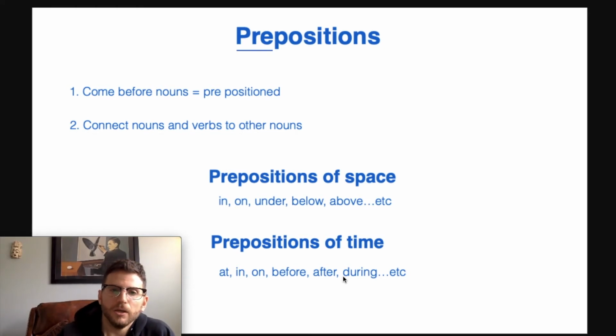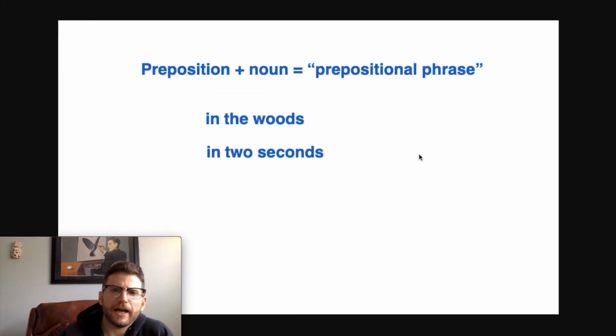Okay. All right. So let's have a look at just another slide here that explains or expands upon this idea of prepositions holding or connecting nouns in a sentence. Okay, so as we said, the prepositions are always going to be prepositioned before nouns.